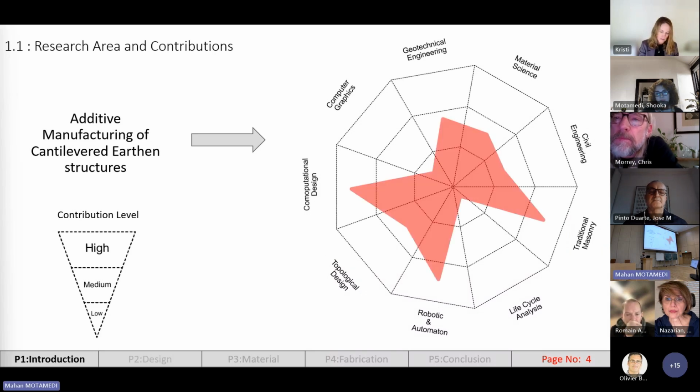And my research stands somewhere in the highlighted red area, meaning that I have a high contribution to robotic automation, computational design, and traditional masonry, and a medium level of contribution to geotechnical engineering, material science, and topological design.